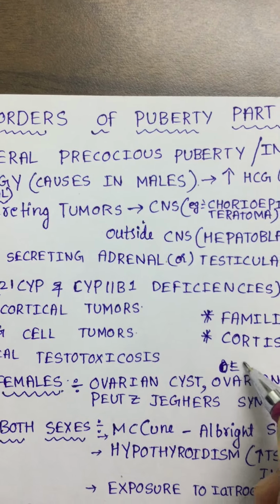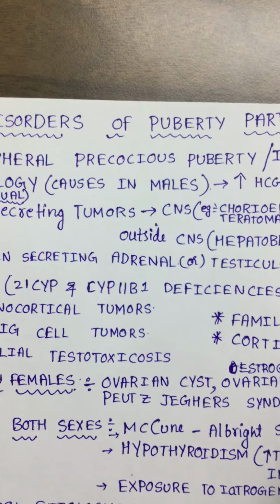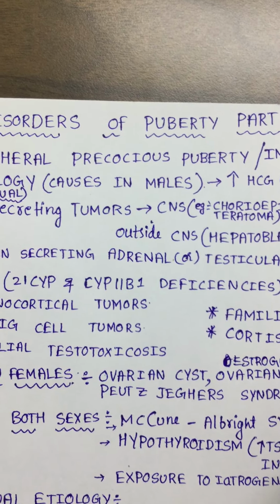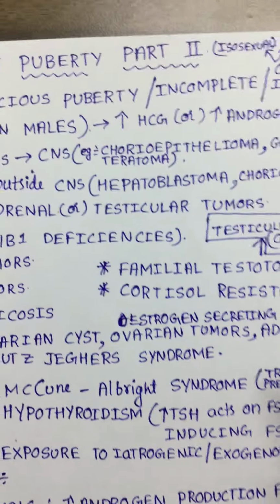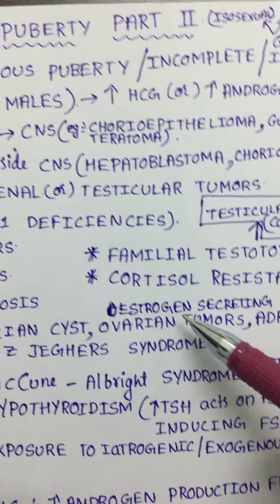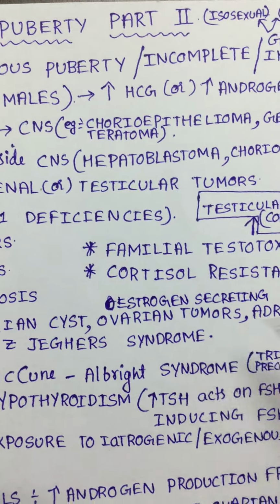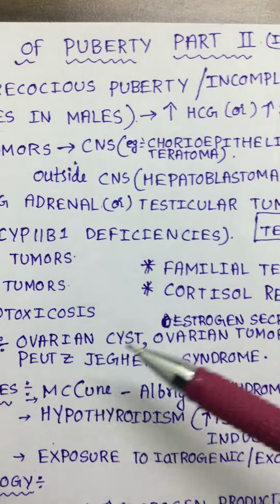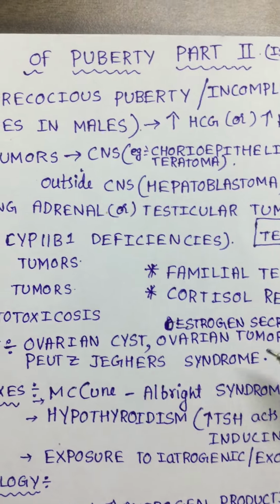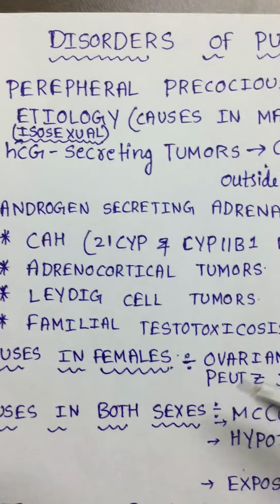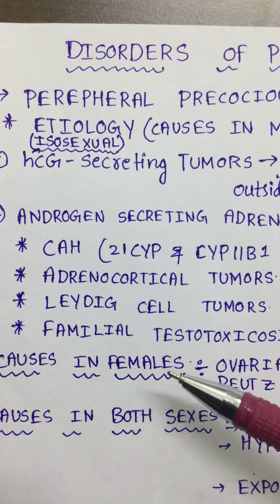Because they are females, the sex hormone is estrogen, so estrogen secreting ovarian tumors and adrenal tumors, ovarian cysts, and also Peutz-Jeghers syndrome cause peripheral precocious puberty in females.